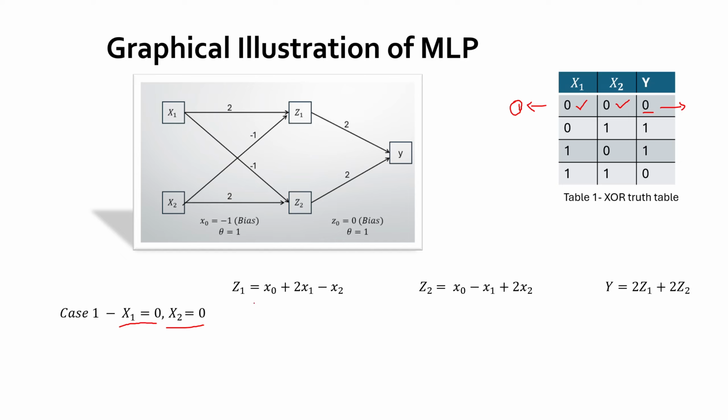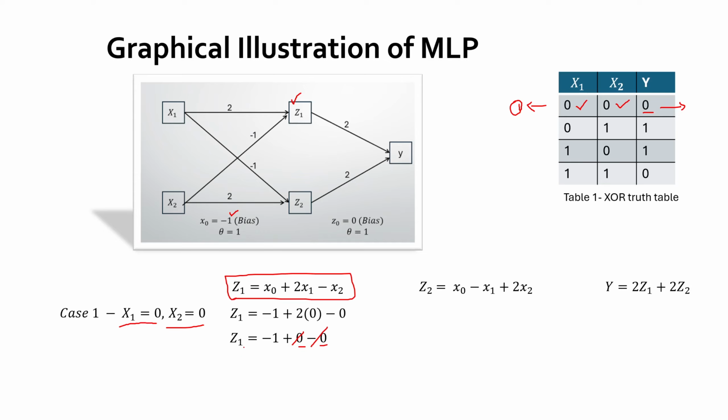After putting these values in at z1 to calculate the weighted summation at the node z1, we get -1 plus 2 of x1, which is 0, minus x2, which is 0. x0 is the bias, which is equal to -1. After simplifying, it becomes -1 plus 2 multiplied by 0, which is 0, minus 0.